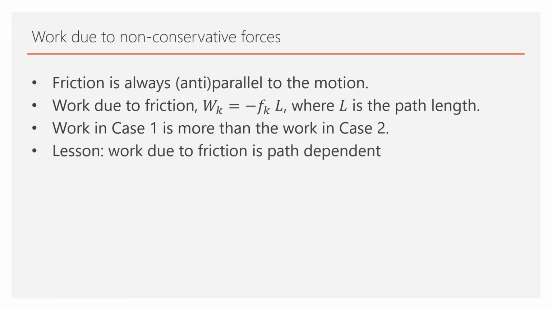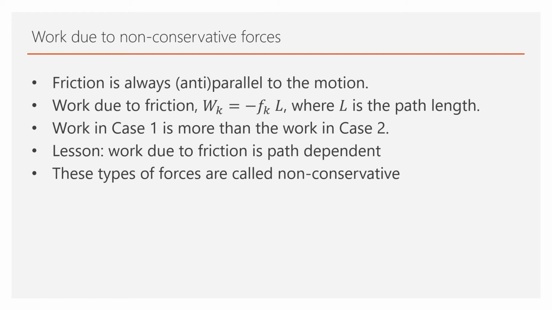The lesson here, work due to friction depends on the path taken, which is different from that of the potential energy due to gravity, where the work done only depended on the starting and ending locations. It did not matter which path was taken. These kinds of forces, where the work done depends on the path, are called non-conservative forces.